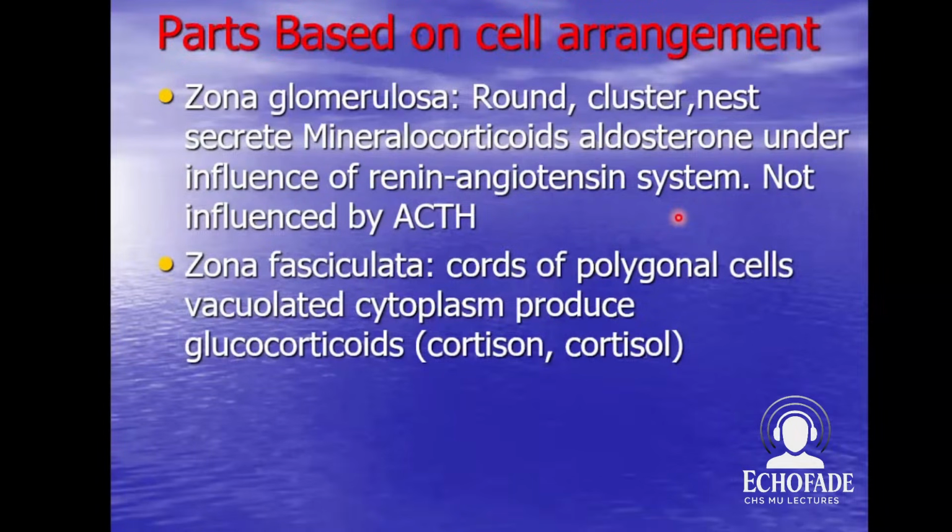The next layer is zona fasciculata. In zona fasciculata, the cells are arranged in fascicles. They are cords. They are polygonal. And just like any steroid secreting cell, the cells appear vacuolated. They are pale staining.